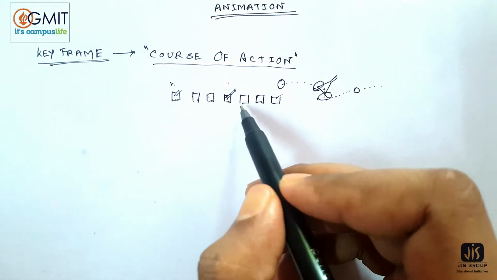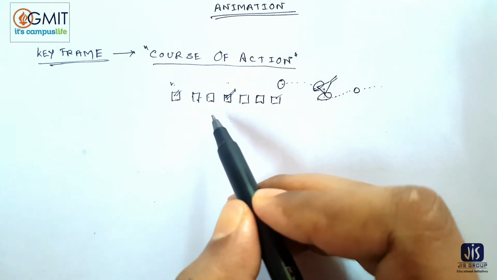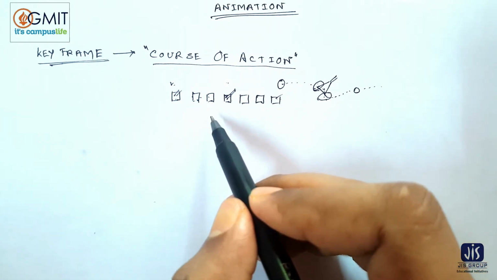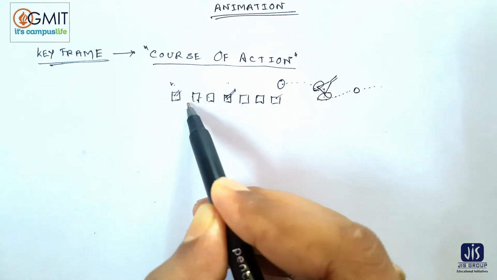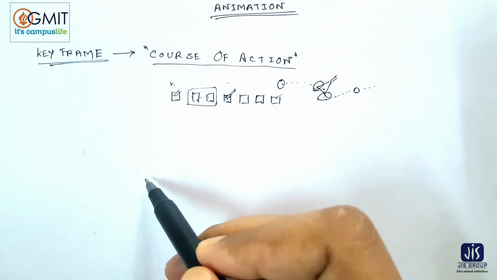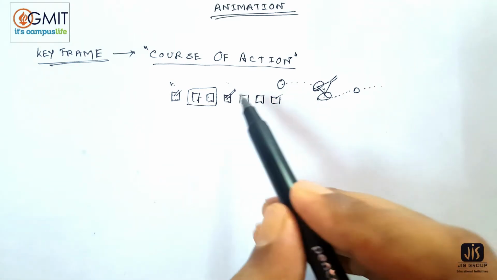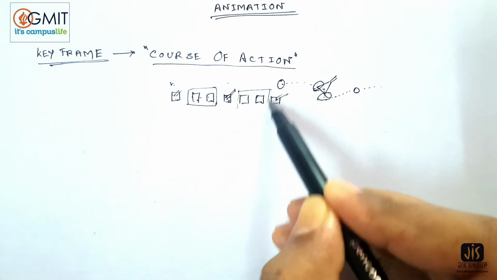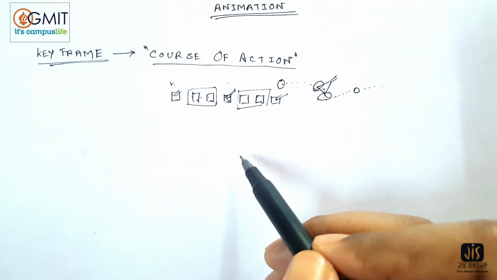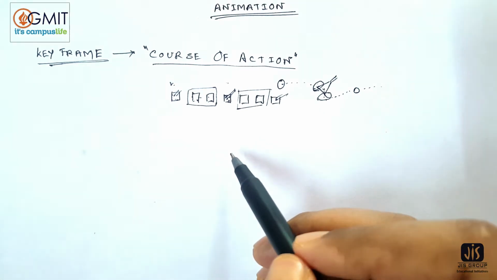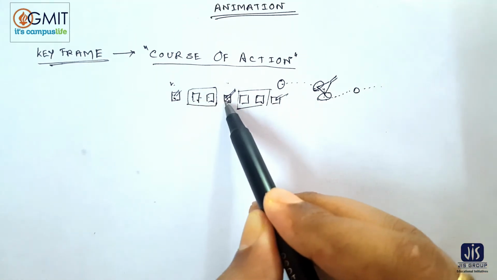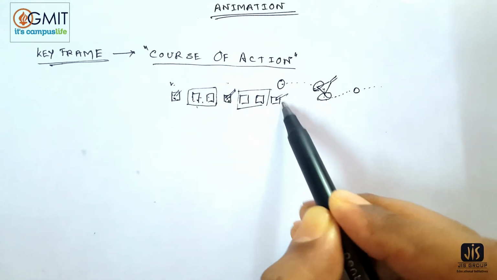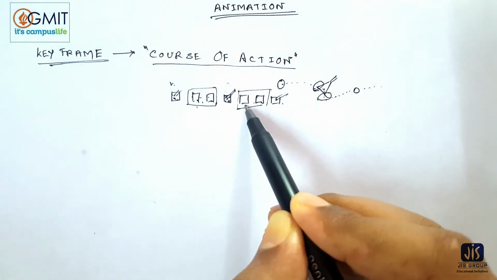The intermediate frames between the keyframes are drawn by the assistant animator. This process of generating in-between frames is called tweening. Suppose this is a keyframe and this is a keyframe, then drawing the frames in between is called tweening.